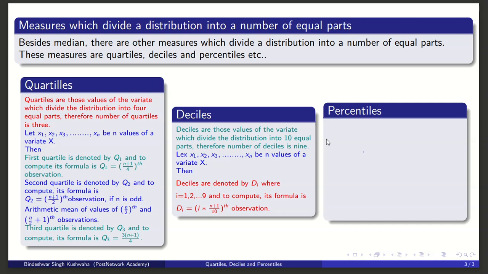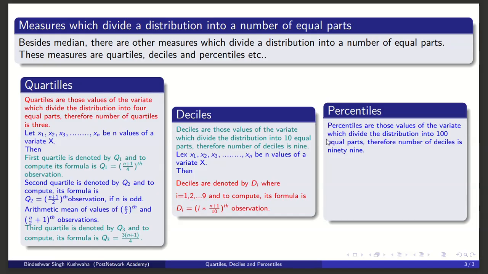Now let us understand percentiles. It has a similar concept to quartiles and deciles. Percentiles are those values of the variate which divide the distribution into 100 equal parts. Therefore, the number of percentiles is 99. Let x1, x2, x3, till xn be n values of a variate x.